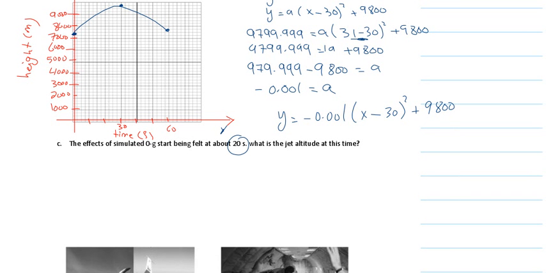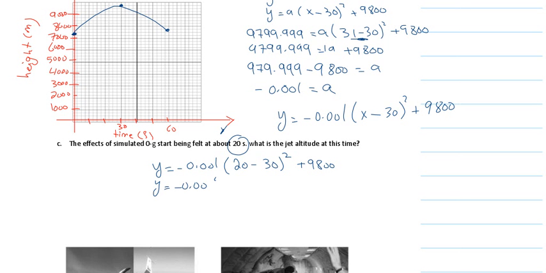So y equals negative 0.001 times (20 minus 30) squared plus 9,800. But math tells me I have to do brackets first.